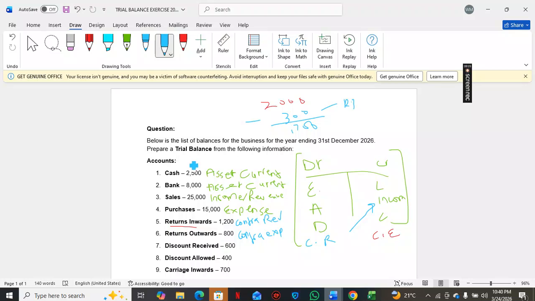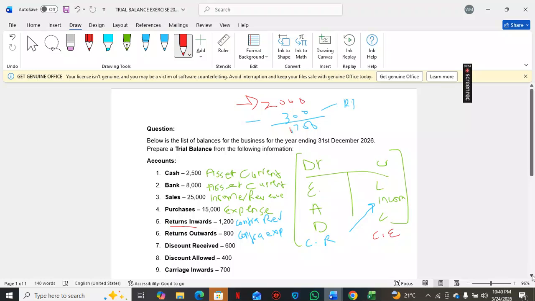So, using the same example, you bought goods from your supplier worth 2,000 kwacha. This is your purchases expense. And you find goods worth 300 kwacha are bad, so you return them to your supplier. So this 2,000 kwacha expense reduces to 1,700. Okay, that is return outwards.